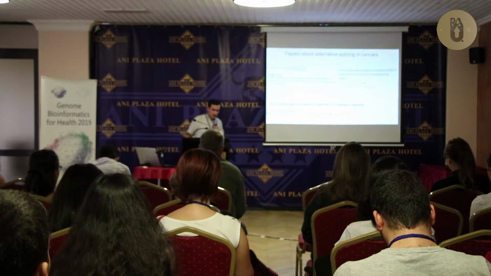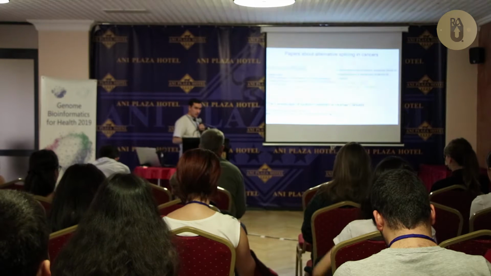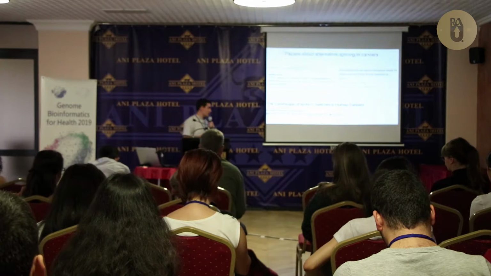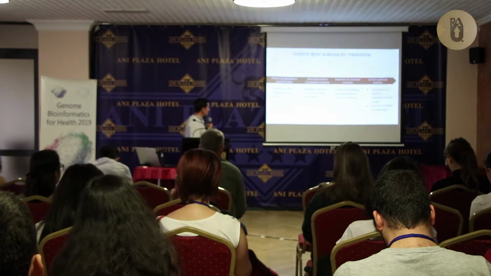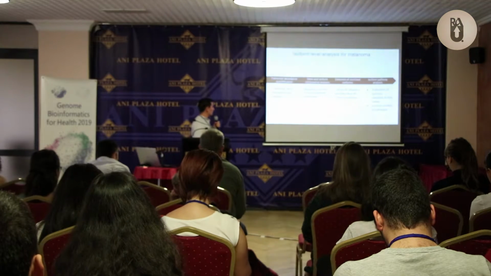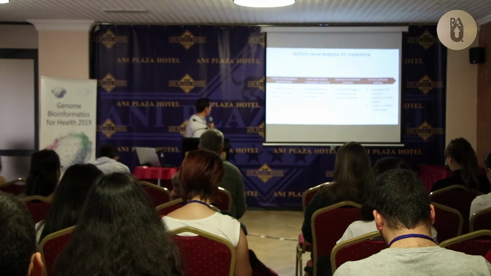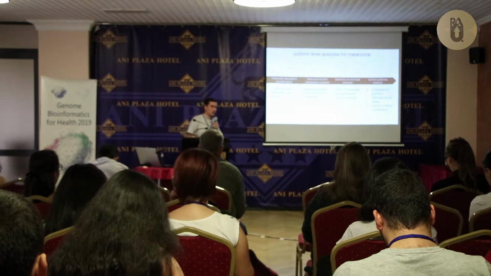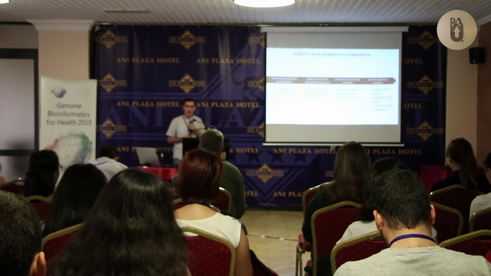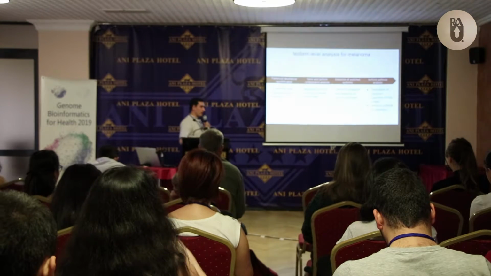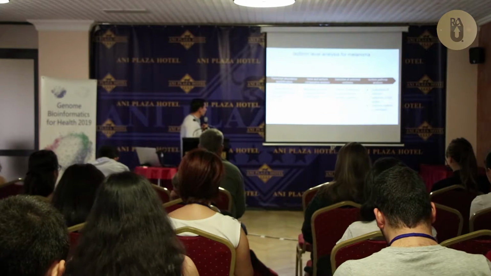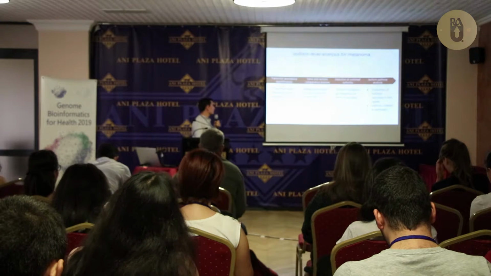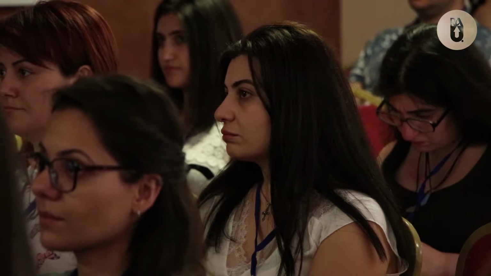So we have decided to do analysis on these melanoma samples, on these 80 samples, and this is our workflow. First of all, we did transcript level alignment with Kallisto, which allows us to assess and quantify the abundance of transcripts from short reads.